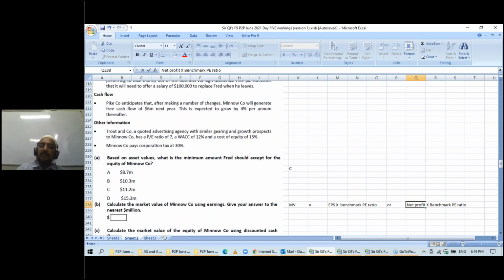The benchmark ratio, as I said earlier, will be of a good company or an average company in the industry, or an average of the whole industry's price earning ratio. This is to judge the potential of the company, that is, what the price of a share should be.